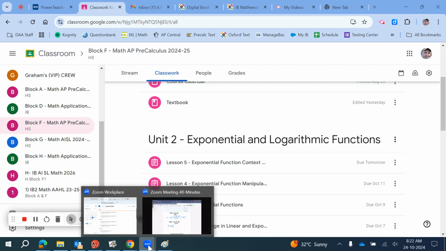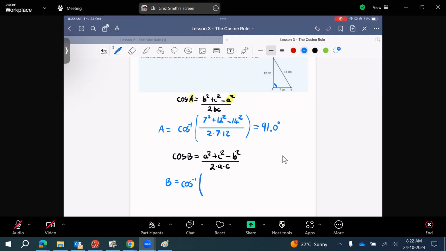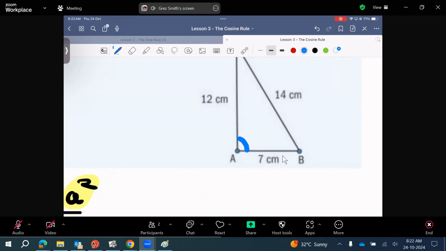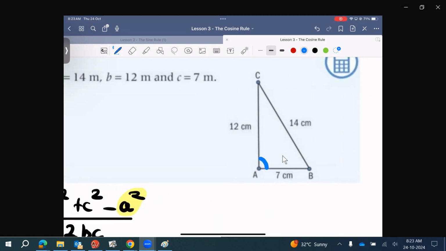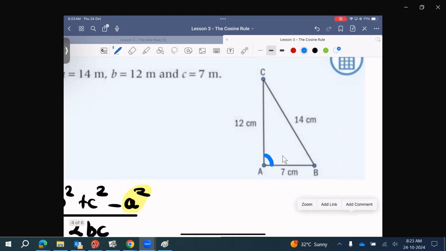Looking at the problem again, if we want to identify which side is which, then any side which is opposite the angle has the same letter but lowercase, so this is A. This side here is B, because side B, if you notice, doesn't touch angle B. So sides are named by being opposite to the angle.